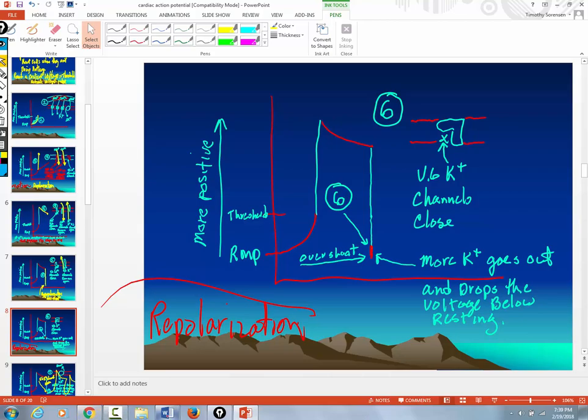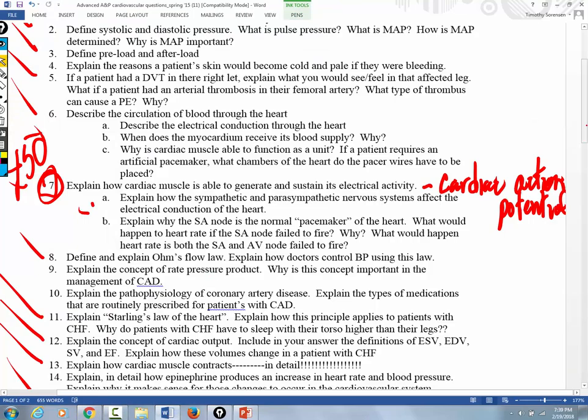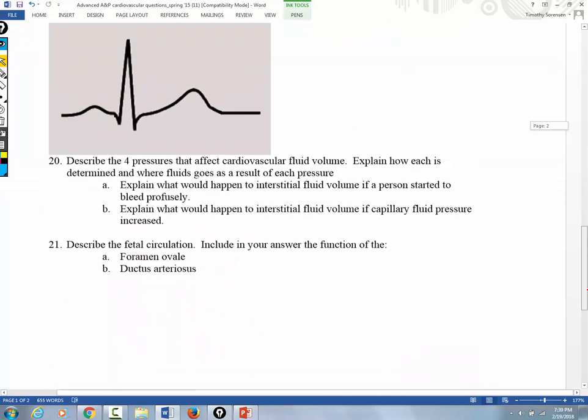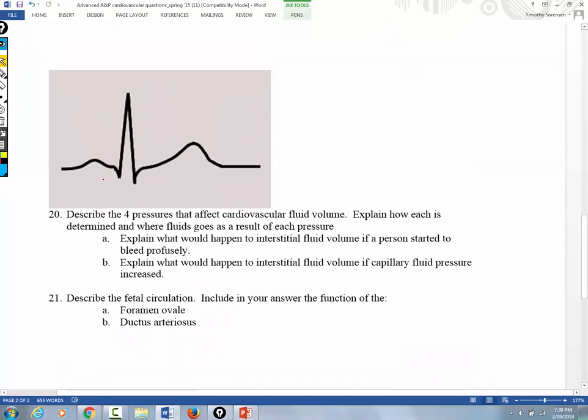Alright. So wait. I explained the cardiac action potential, did I not? I explained the EKG, did I not? Yes, I did. Okay, watch.